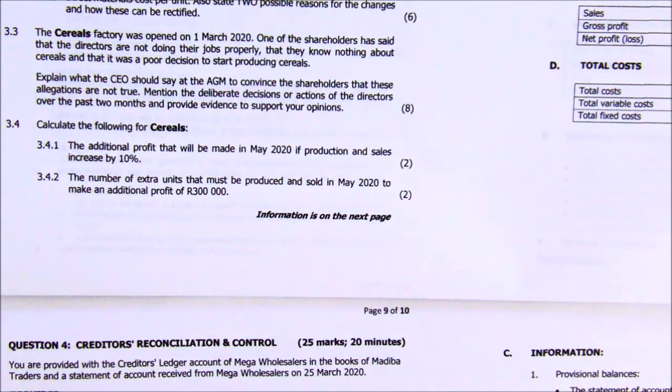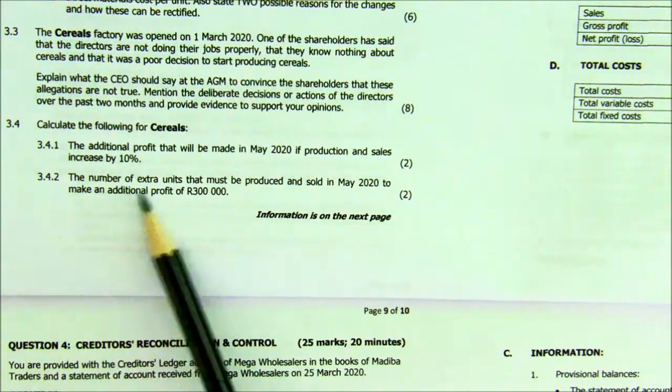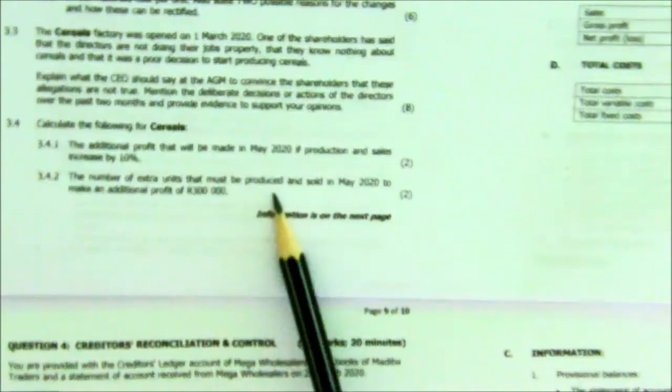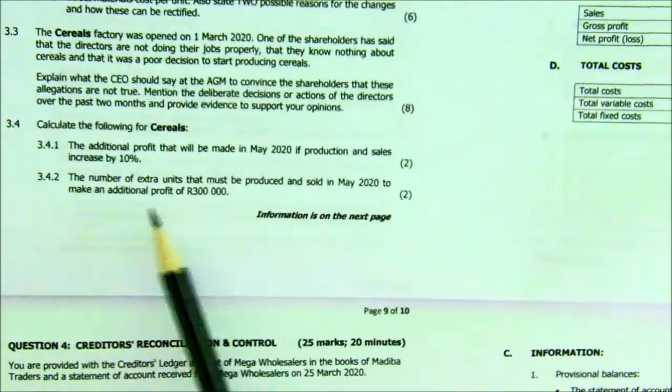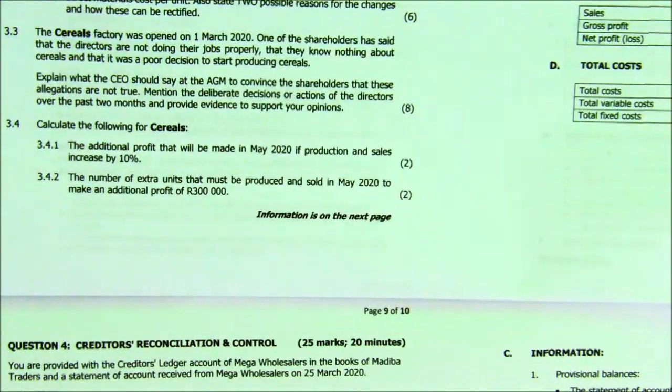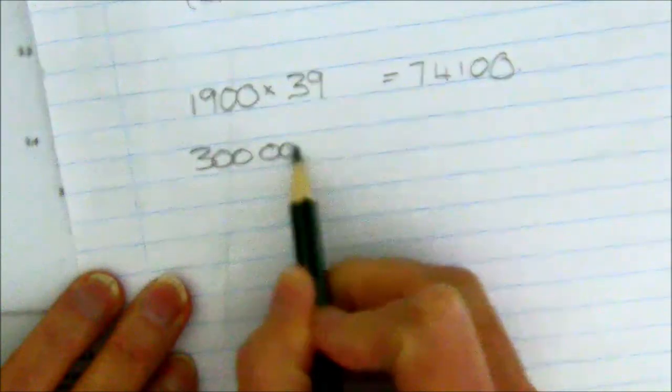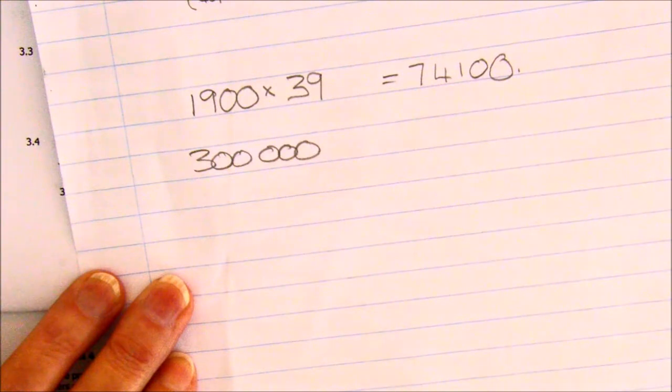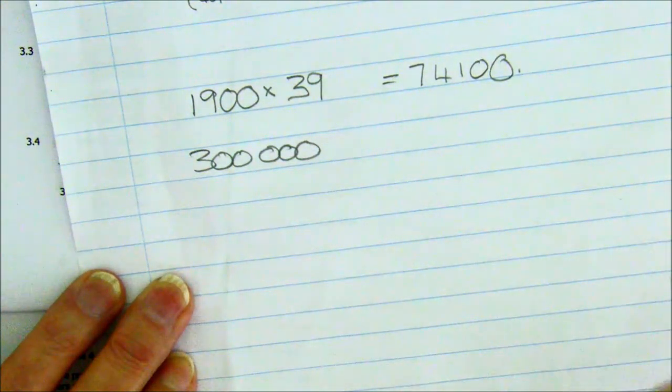And then it can be asked in the reverse way. They can say to you, for example, the number of extra units that must be produced and sold in May to make an additional profit of 300,000. You've now decided you want to make an extra 300,000 Rand profit. Now that 300,000 is going to have to come out of the contribution, because remember the variable costs are increasing with each box of cereal.